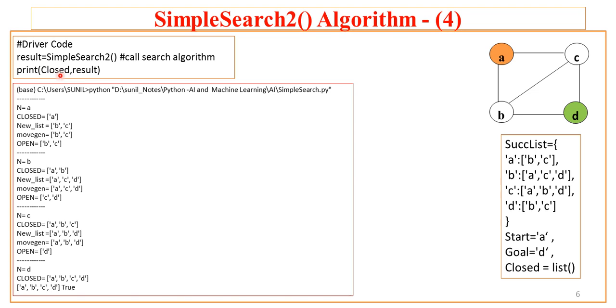And here a print statement is used to print the closed elements, which are the elements wherein the entire path is traced if the goal is found. Even if the goal is not found, whatever nodes are visited, irrespective of whether we have reached the goal node or not, closed will always keep the list of nodes visited, and result will help us see whether the goal is reached or not.